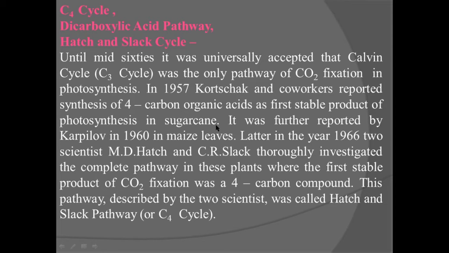The first stable compound is a 3-carbon compound, 3-phosphoglyceric acid. But the scientist Kortschak in 1957 found that the first stable compound in sugarcane leaf is a 4-carbon compound, something different from Calvin cycle.